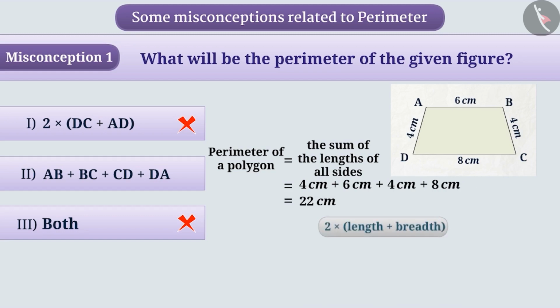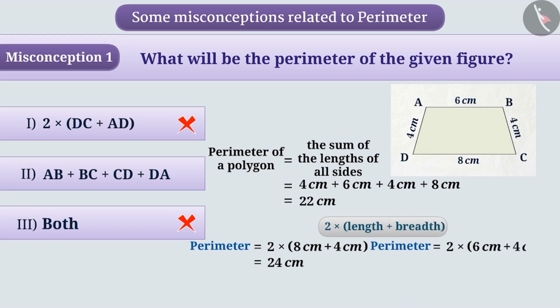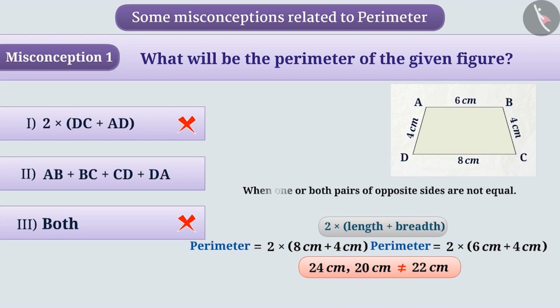If we use the formula, we get the perimeter as 2 multiplied by 8 cm plus 4 cm is equal to 24 cm, or 2 multiplied by 6 cm plus 4 cm is equal to 20 cm. Here, we fail to obtain the same perimeter. Therefore, it is wrong to use this formula when one or both pairs of opposite sides are not equal. Thus, option 2 is the correct answer.